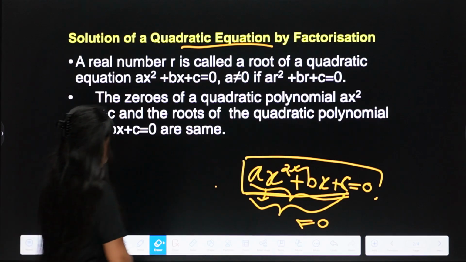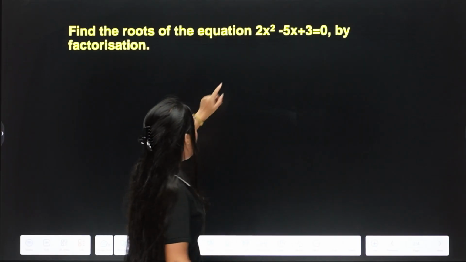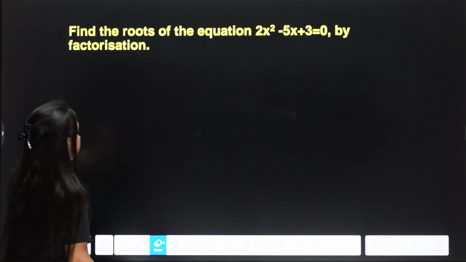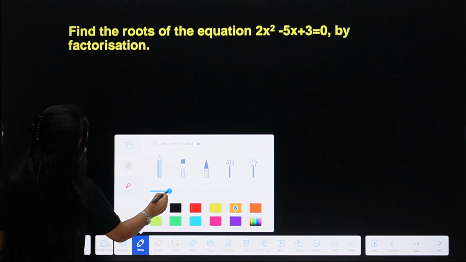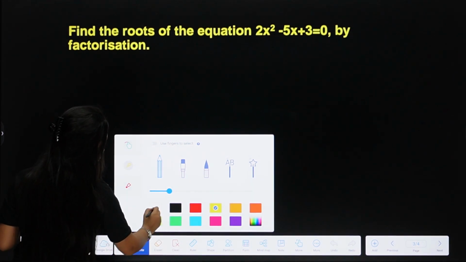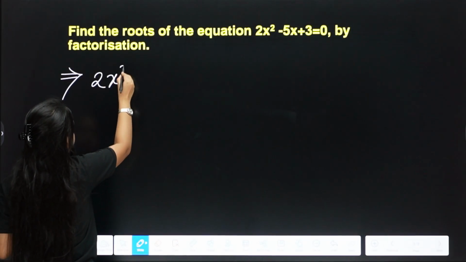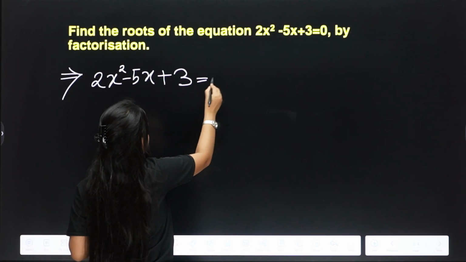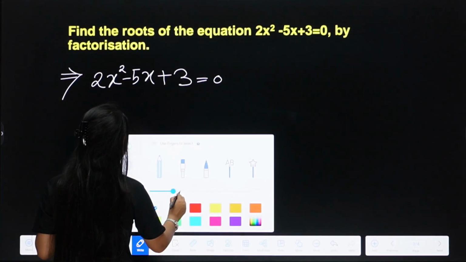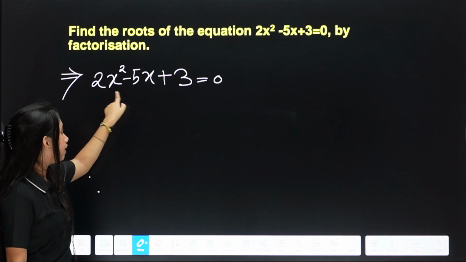Next, factorization. We will find the roots of this quadratic equation by factorization. So first of all, write this equation: 2x square minus 5x plus 3 is equal to 0. Here is a simple trick: you just multiply the coefficient of x square and the constant.